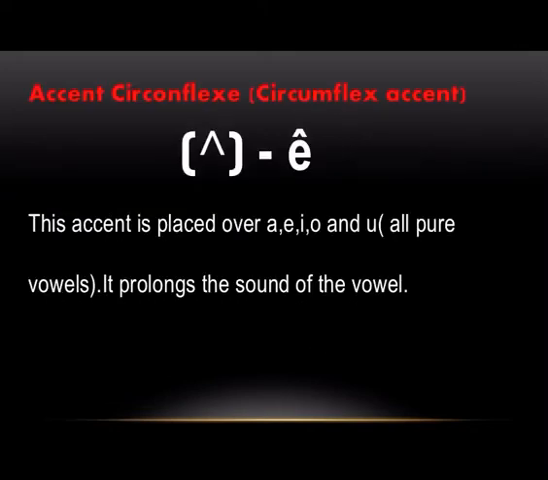Another accent is accent circumflex, which means circumflex accent. This is a tiny hat over the vowel, and it is placed over all the pure vowels. For example, A, E, I, O and U. And the role of this accent is to prolong the sound of the vowel over which it is placed.